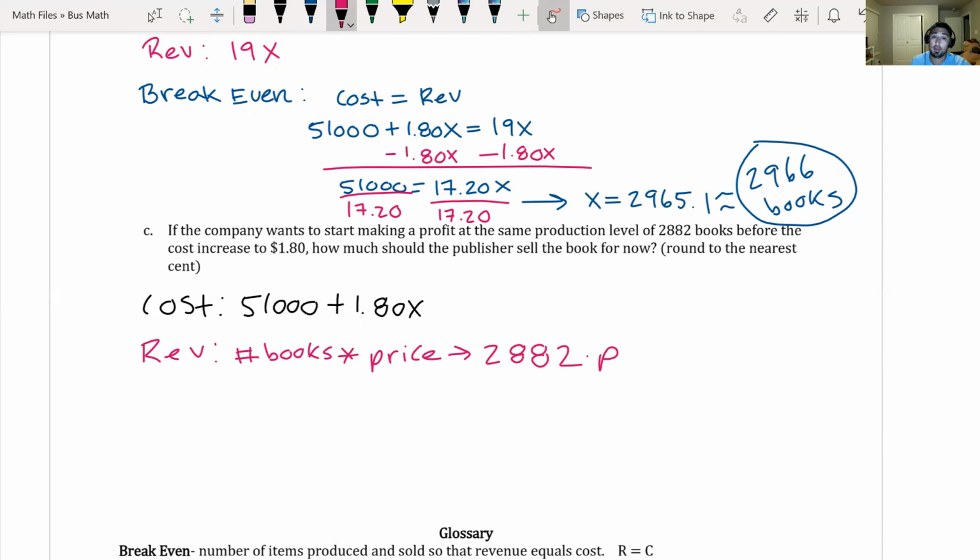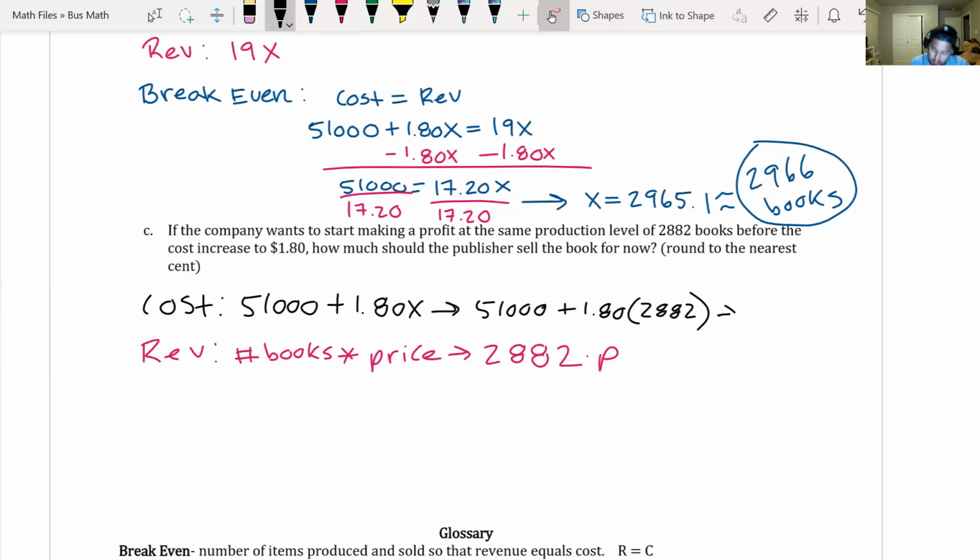Okay. Which means that for cost, well, if x represents books here, this means we are also going to plug in 2,882 for x into the cost. So you'll get 51,000 plus 1.80 times 2,882.